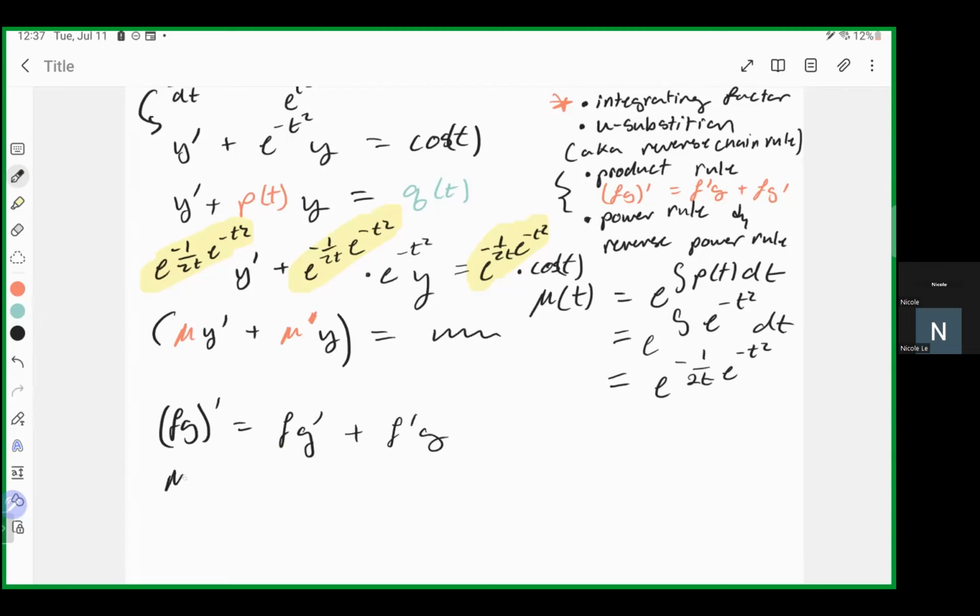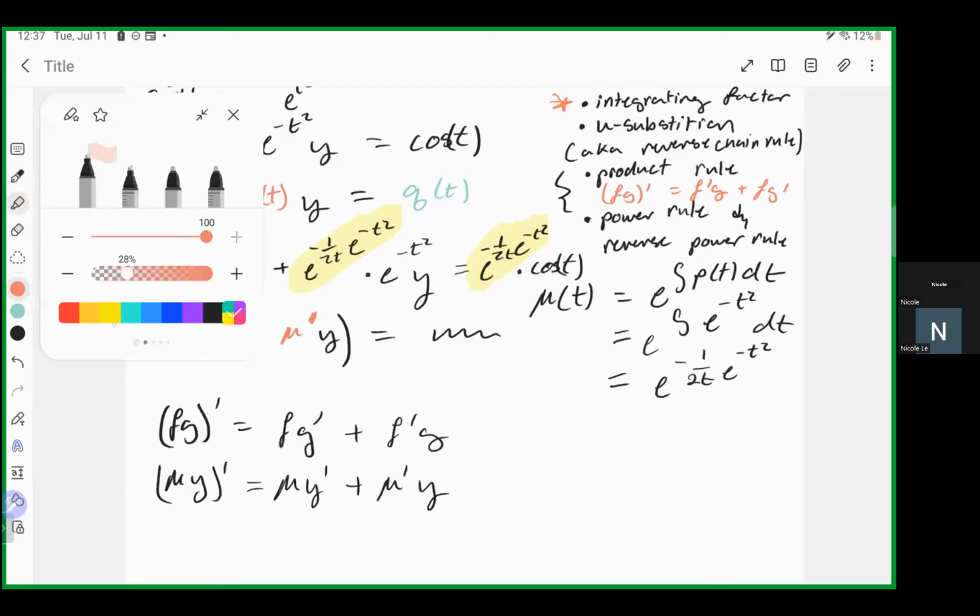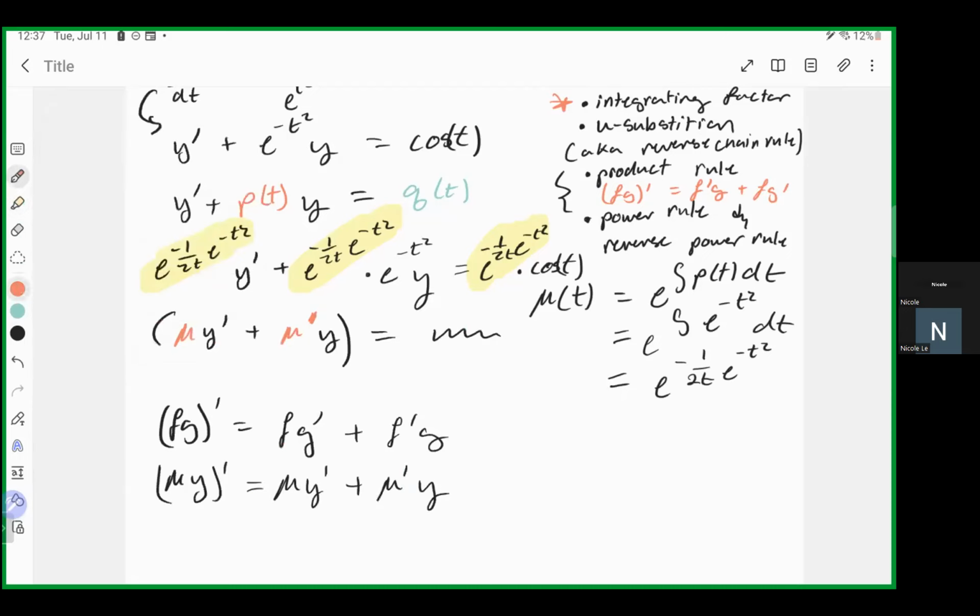Similarly, if we had mu times y, and we want to take the derivative of that product, we would get mu times y prime plus mu prime times y. Okay. Maybe you can see the correspondence.